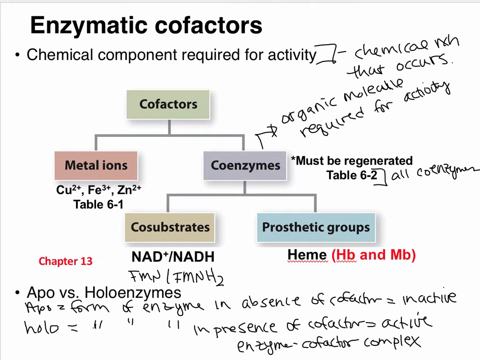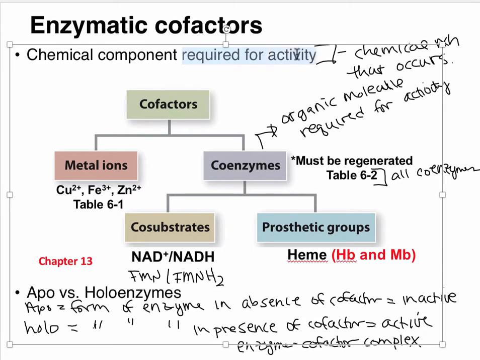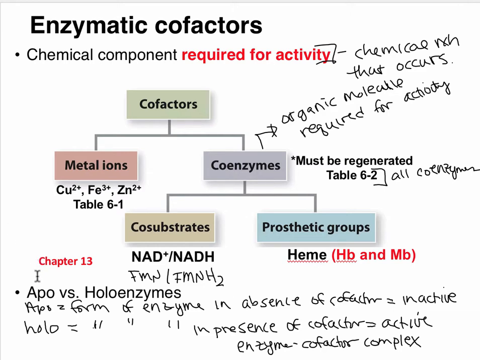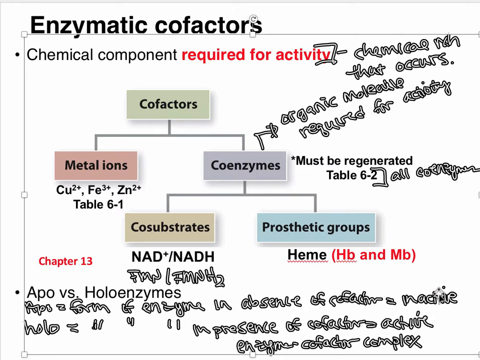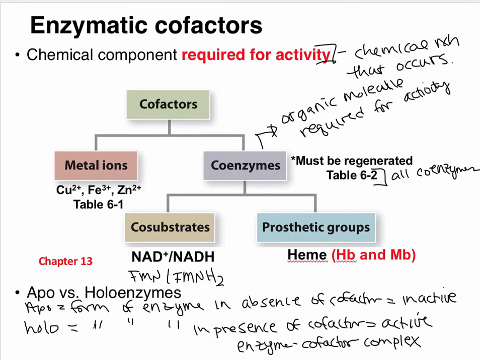Okay, we need to talk about two forms of your enzymes, both APO and HOLO. APO is the form of your enzyme in the absence of any cofactors. Remember that your enzymatic cofactors are required for activity. And so in the absence of any cofactors that are required for activity, you'll have inactive protein, which means it will not be able to do the chemistry that it's supposed to.